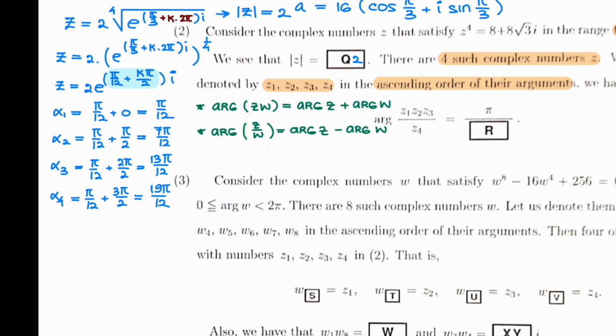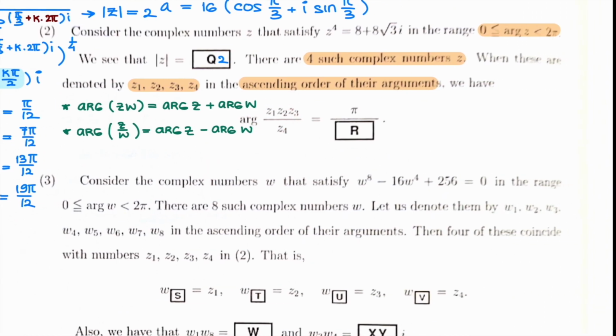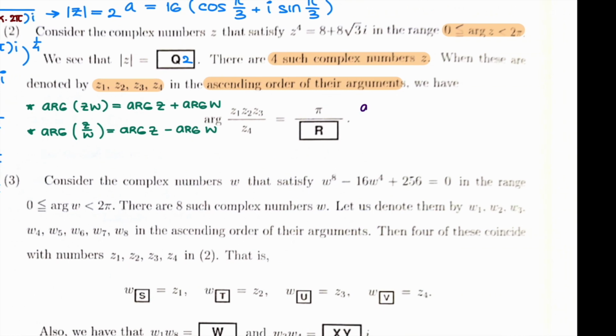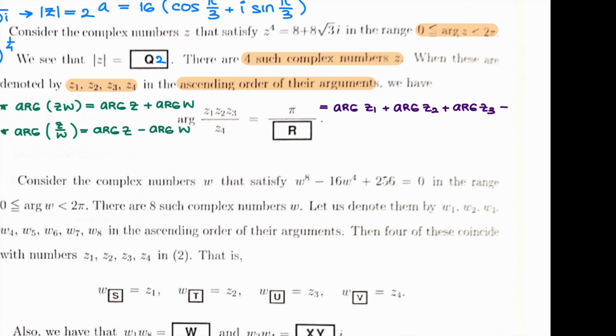Okay, so if you want to calculate the argument of z1 times z2 times z3 over z4, it is equal to argument of z1 plus argument of z2 plus argument of z3 minus argument of z4. So my answer is alpha 1 plus alpha 2 plus alpha 3 minus alpha 4.